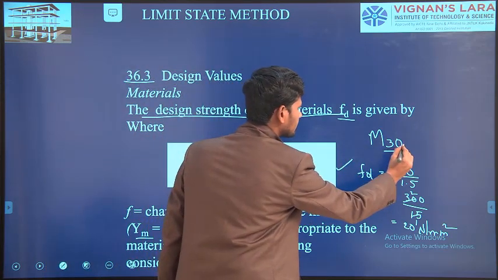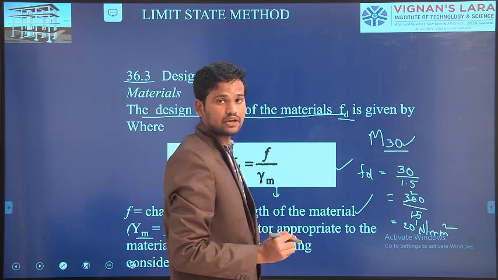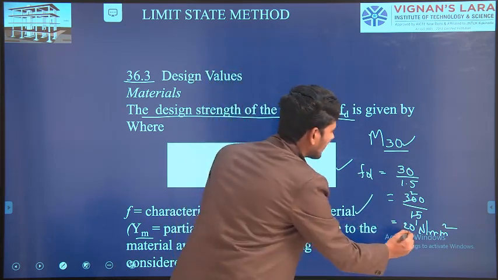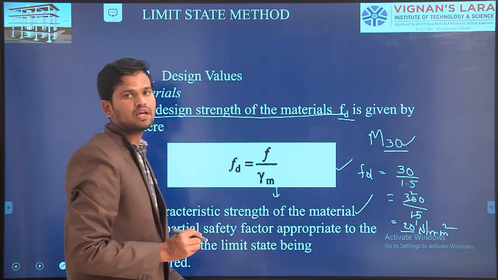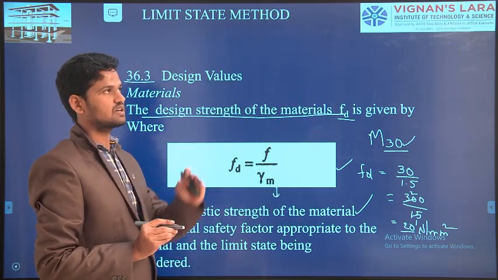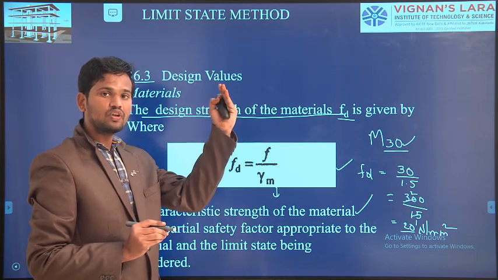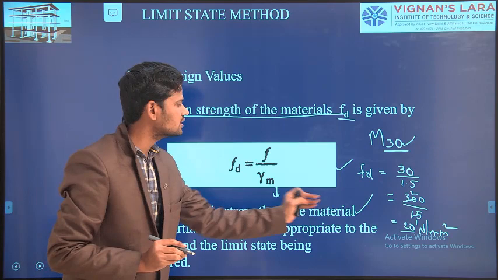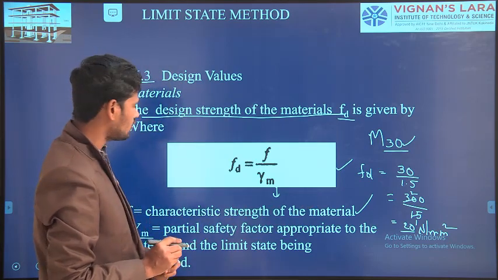The characteristic compressive strength we normally get is 30 Newton per mm square. But while designing, we consider only 20 Newton per mm square for the structure. That means for this building we are taking the design value of the strength as 20 Newton per mm square only.